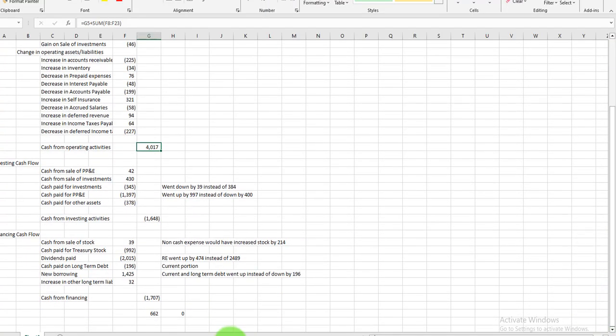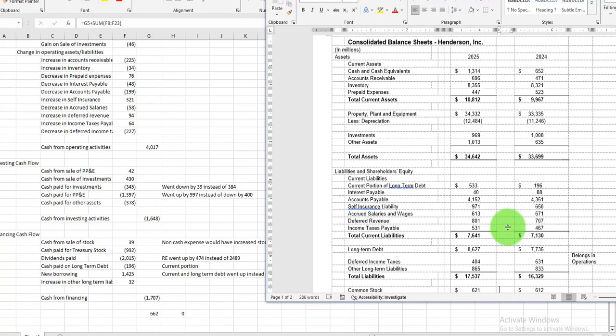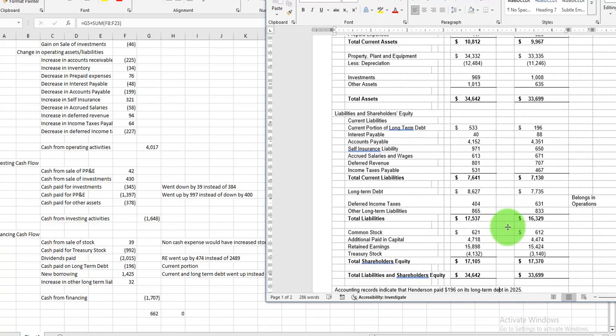Okay, next we want to go to the financing, which has to do with our long-term liabilities and stock. Following perhaps not the best order on this sheet, but maybe the easiest order, we go to common stock or sale of stock.